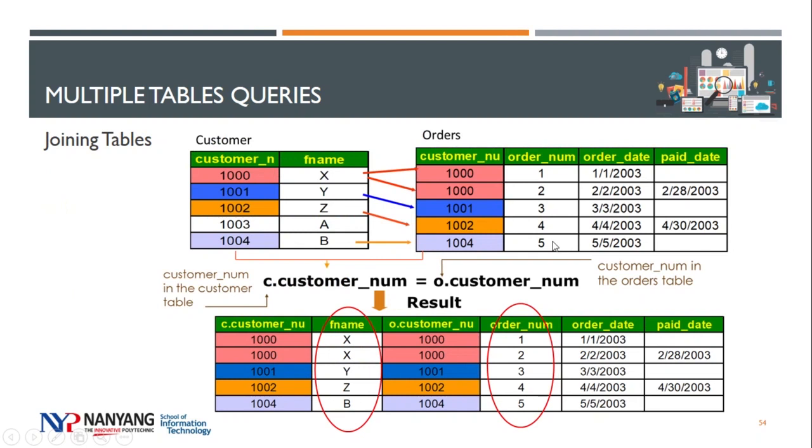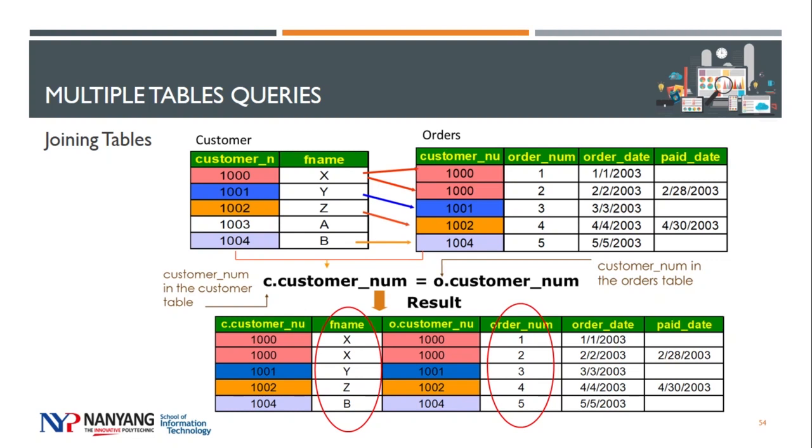So down here we have a few examples. First thing, when we join tables, we need to identify the matching columns for the two tables. In this case, the customer and the order tables have a one-to-many relationship. Each customer can have a few orders.